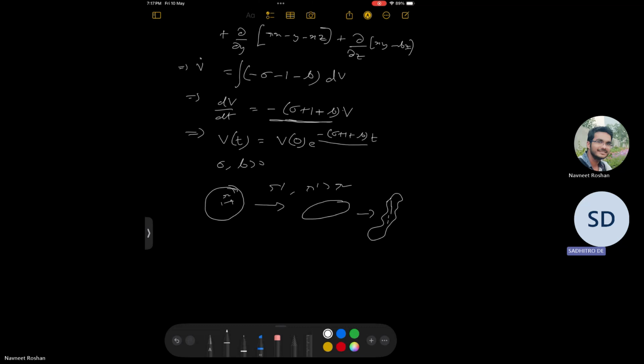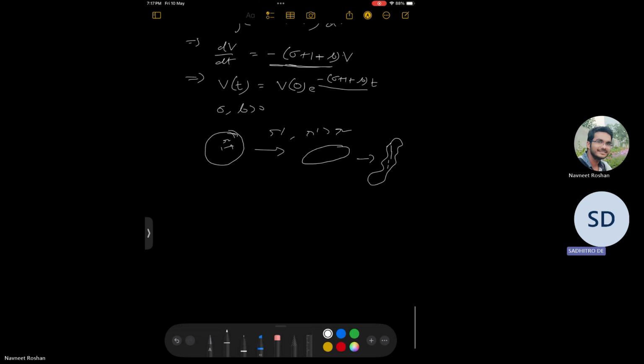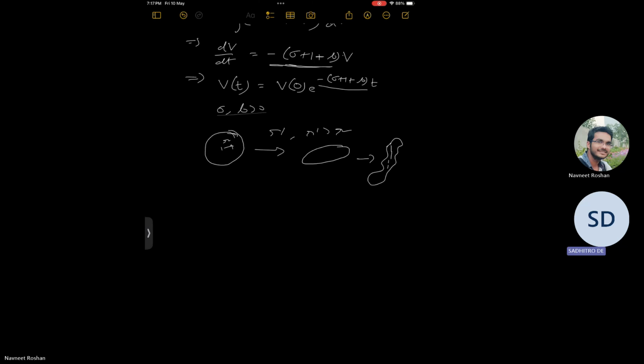So although the volume might be decreasing, the distance between any two points inside the volume, or the surface area of the volume, might increase. And this is something that we will see later in a more quantitative way.